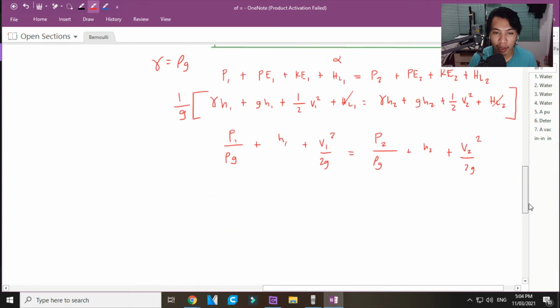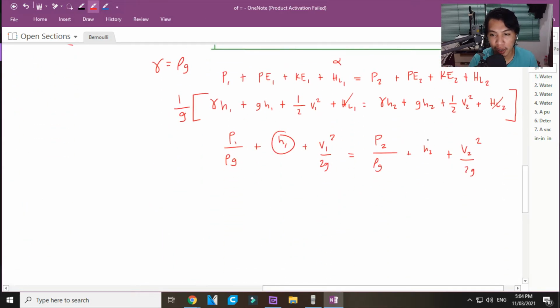Tignan nyo. Pero ito, commonly, pinapalitan natin to ng Z para hindi tayo nalilito. Okay? And then, isimplify natin to simply P1 over yung specific weight plus V1 squared over 2G plus Z1 equal to P2 over yung specific weight plus Z2 plus V2 squared over 2G.